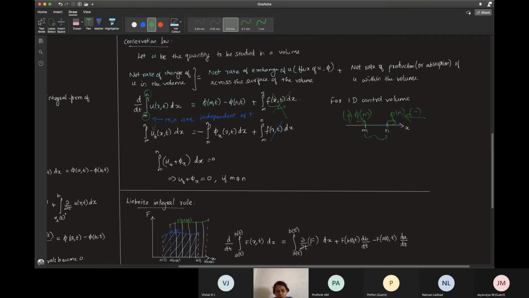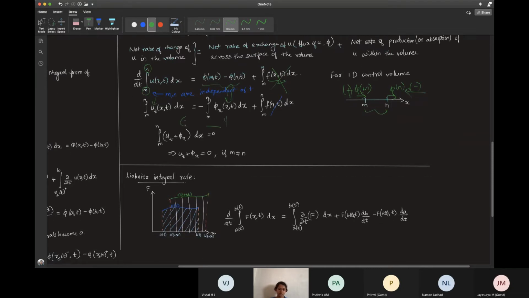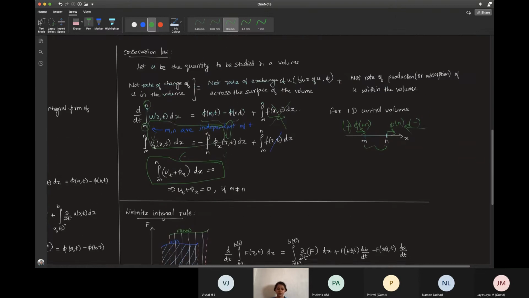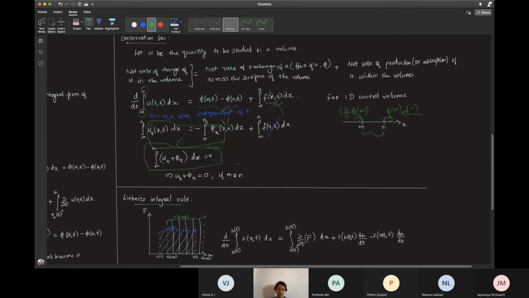So you have the integral of ut of x comma t equals, written as an integral, the integral of phi x, which is phi. They are both equal. You would be knowing it. Now taking this to the left side, you get the same thing. Now this is your integral conservation law, the integral form of the conservation law.